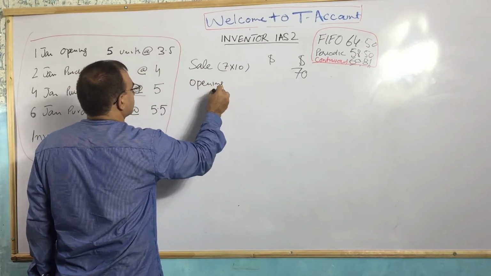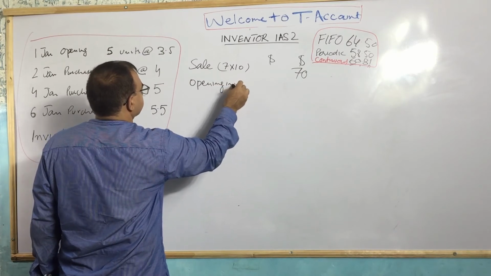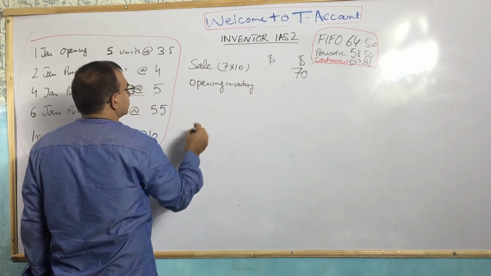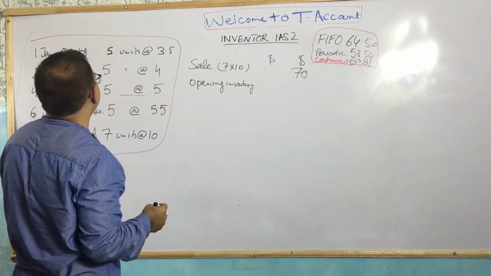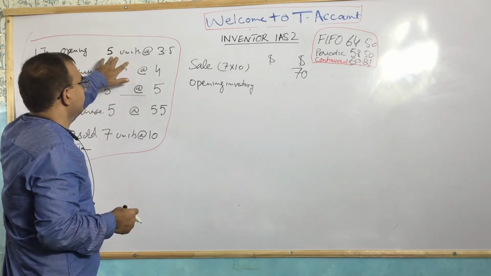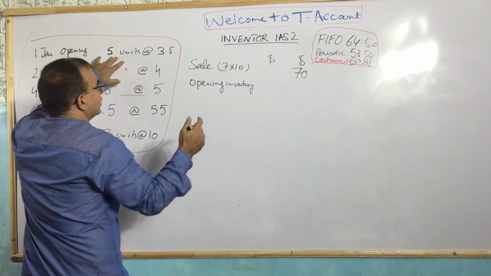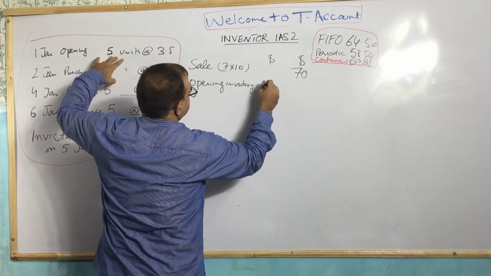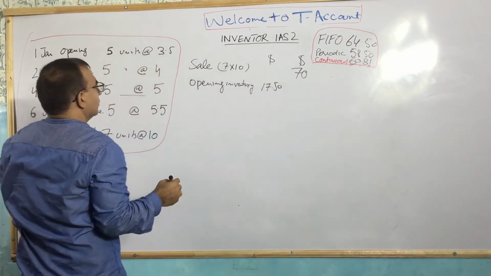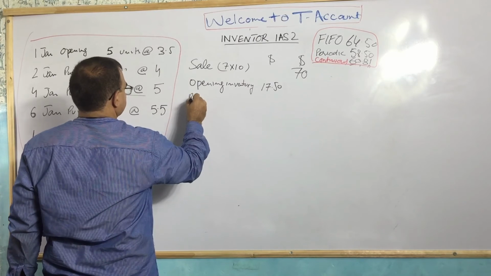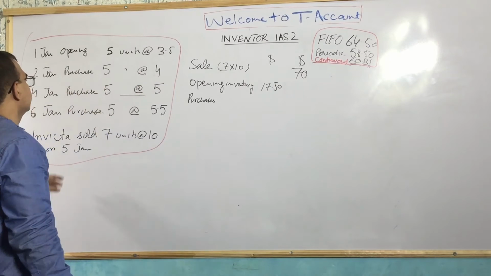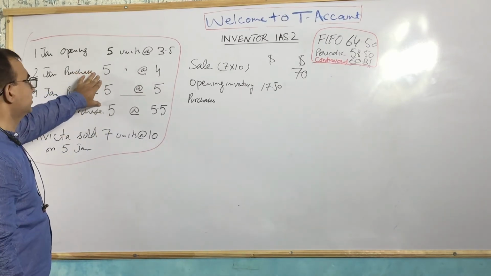Okay. Now we learned in the first part how to get that cost of sales. Opening inventory. How much is opening inventory? 5 units at 3.5, 17.5, I believe. Purchases. Purchases 15 units at different rates.